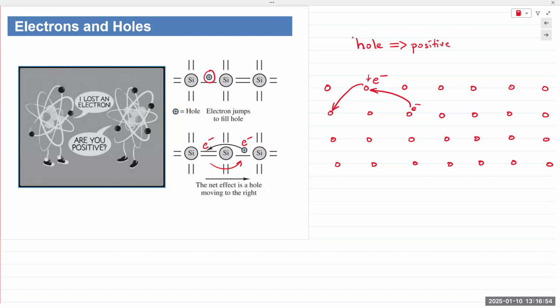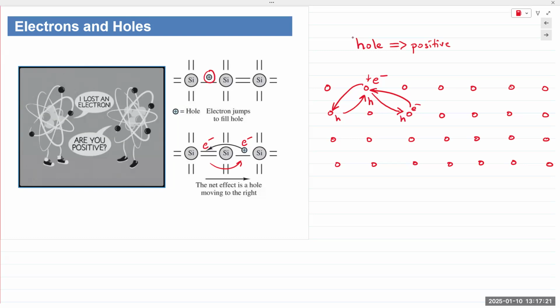You all with me so far? So now you had an opening or a hole here. That hole moved here because the electron moved to the left. The hole moved to the right. And then another electron jumped into that spot. Thus, that hole is now here.